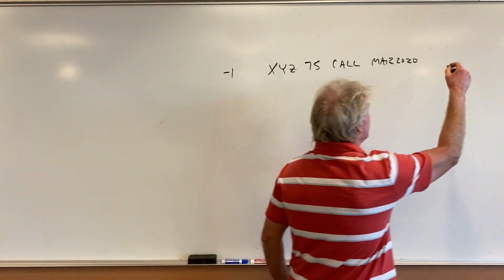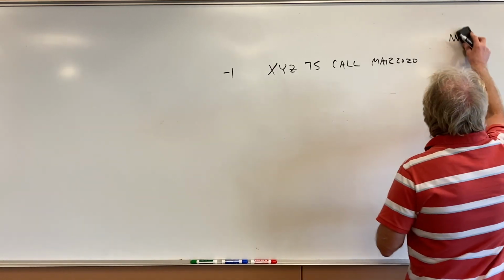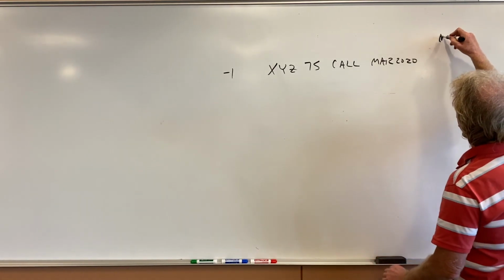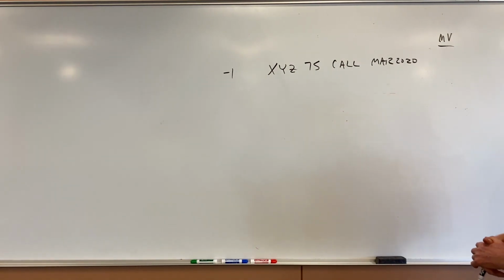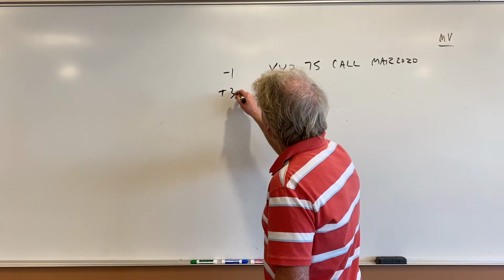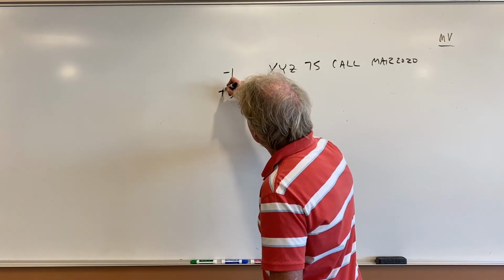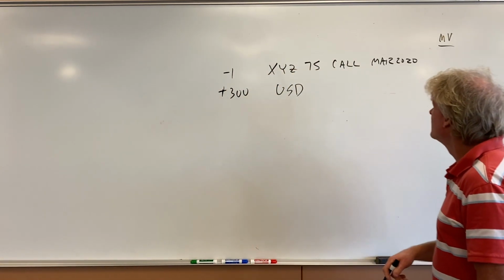What will the market value of our position be if the price of this call at the moment we write it is $300? Well, don't get confused. We also have plus $300 of US dollar cash, right?